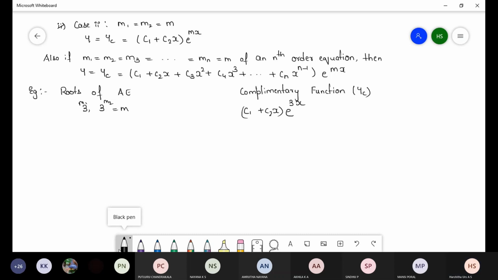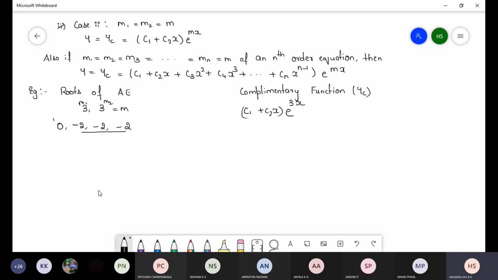Next, 0 comma minus 2 comma minus 2 comma minus 2. Here except 0, the other three terms are same, minus 2, minus 2, minus 2. So if we are getting 0 as a root, we should not neglect it.